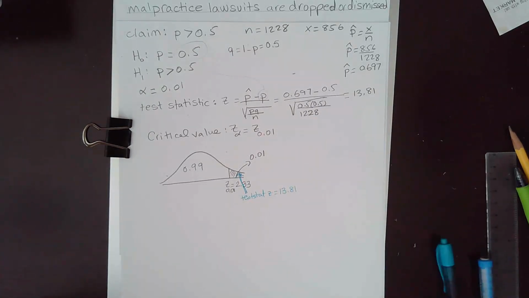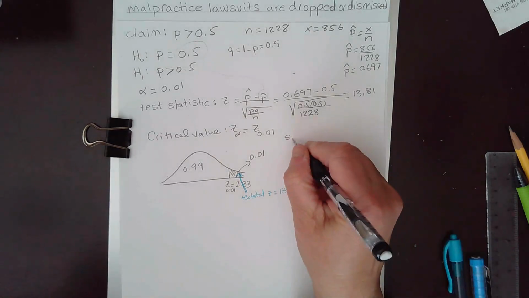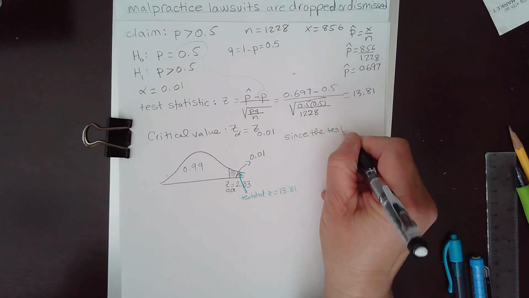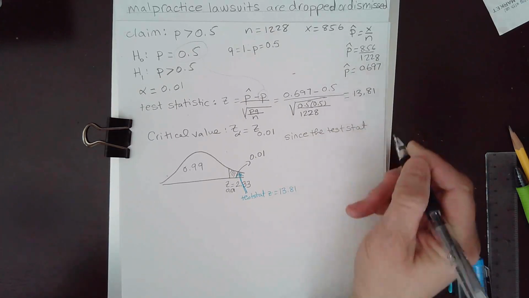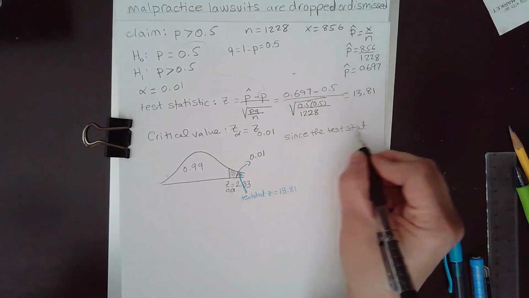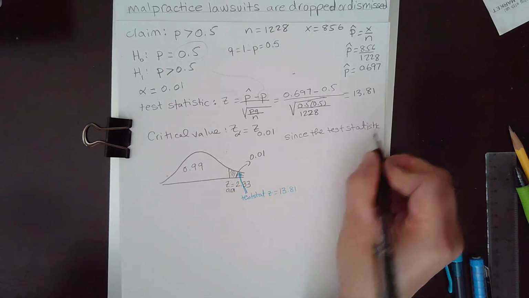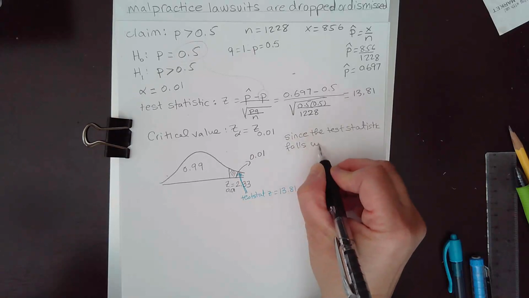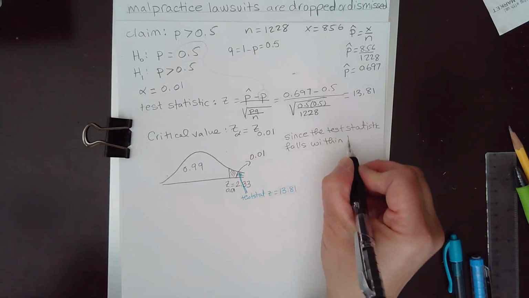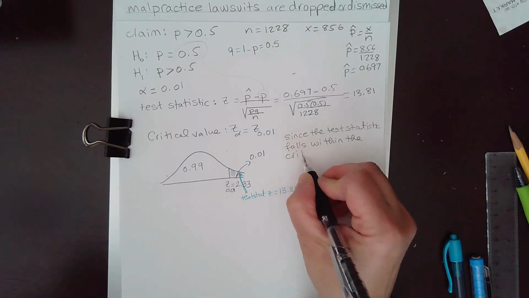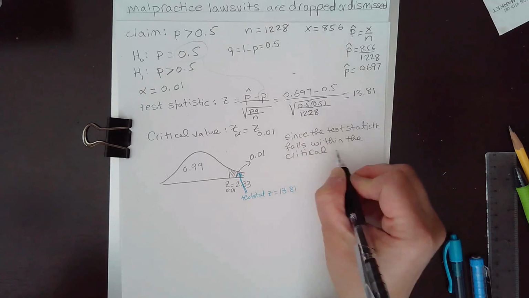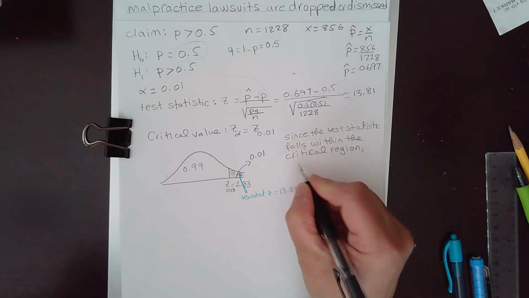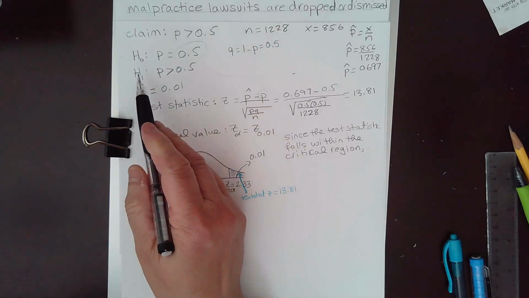Since the test statistic is in the critical region, what do we have to do? We have to reject the null hypothesis, okay? Because the test statistic falls within the critical region. Remember, any decision you make, you make the decision on the null hypothesis.